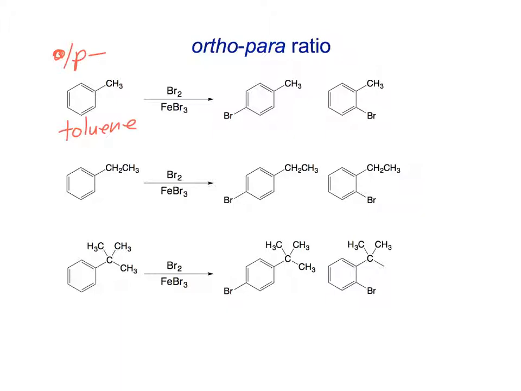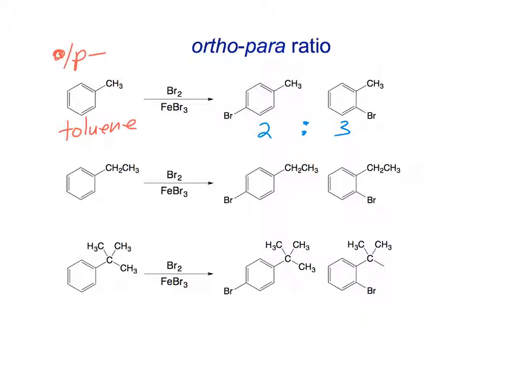If we think back to when we were looking at statistics, when we were talking about radical reactions, we might think that we should get maybe twice as much of the ortho versus para. In fact, we don't get quite that, but we get a 2 to 3 ratio. So we do get slightly more ortho than para because there's twice as many positions that it can go to.